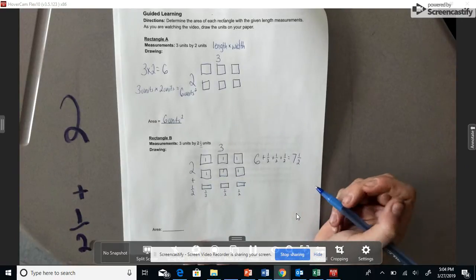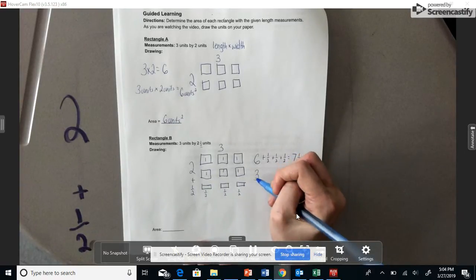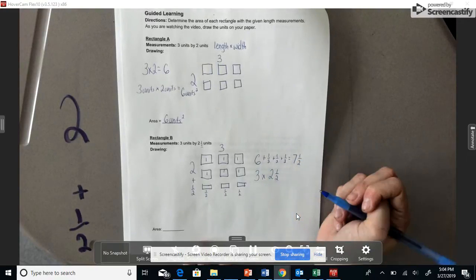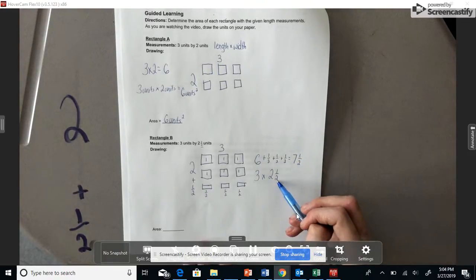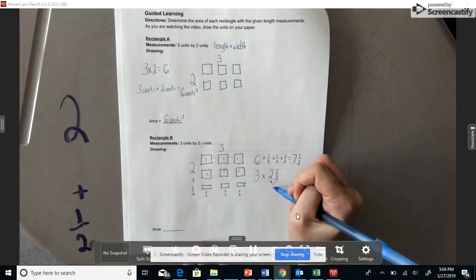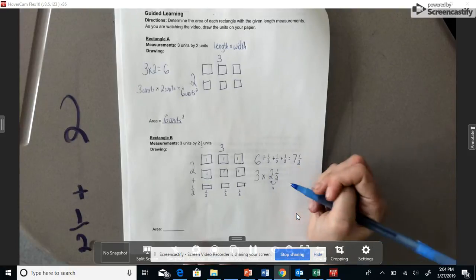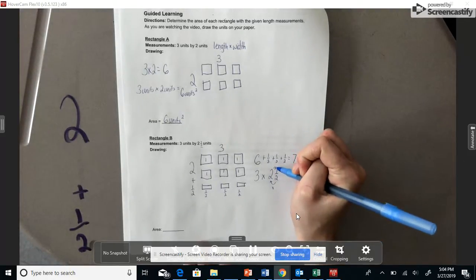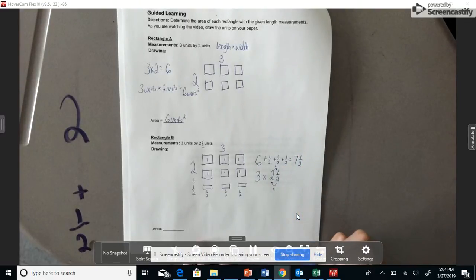If we wanted to just use multiplication, we could do 3 times 2 1/2. And remember, we rewrite this as a fraction greater than 1. We can do that by multiplying our denominator times our whole number. So 2 times 2 is 4. And then we can add our numerator.